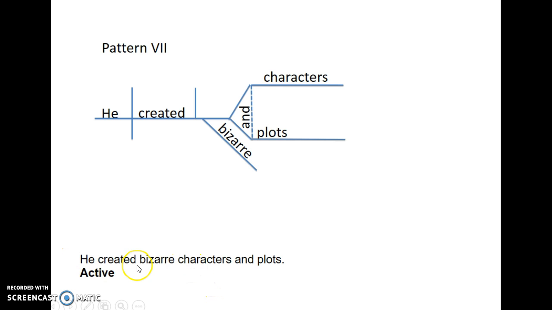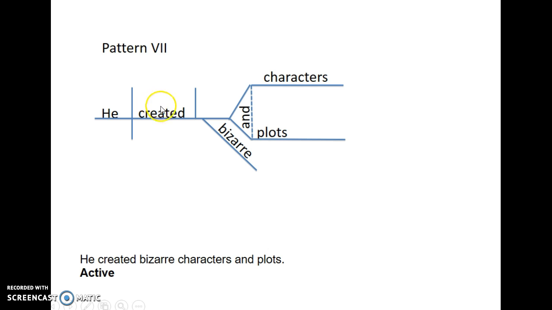But probably the more accurate way of reading this, and especially if you know Poe, he creates both characters and plots that are bizarre. So the understanding here is that the bizarre adjective is modifying both nouns. And to show that, we put it on that main line after the direct object, vertical line, but before it splits, to show that that bizarre is modifying both characters and plots.